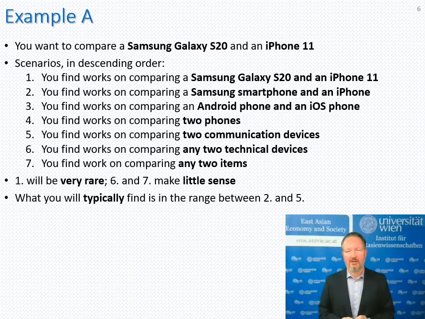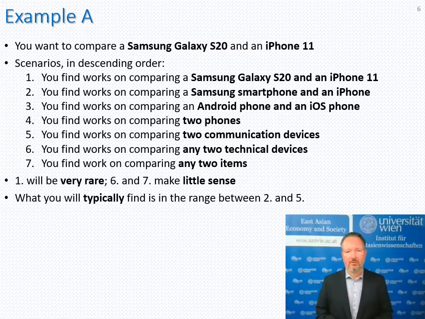You will find definitely more on comparing Samsung smartphones and iPhones, because that has been done a lot for other models. And you see, to broaden the scope here, point number 3, literature works on comparing Android phones and iOS phones. Okay, iOS phones are iPhones, but for Android phones, you suddenly go beyond just Samsung smartphones, right?